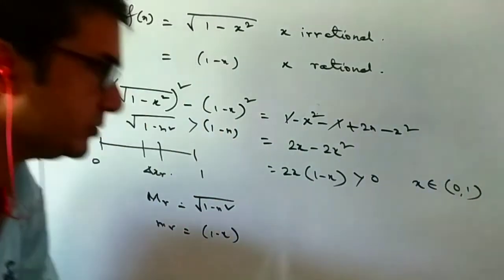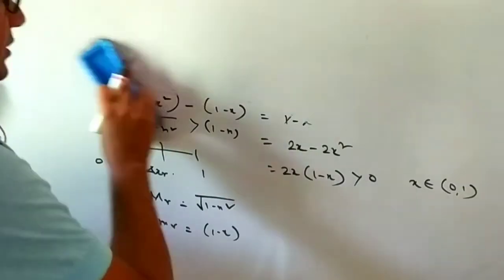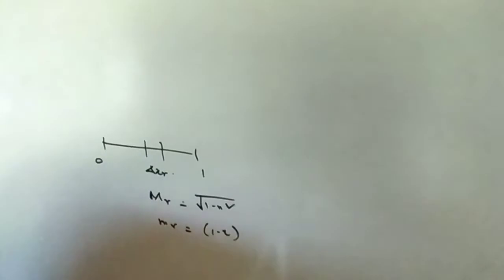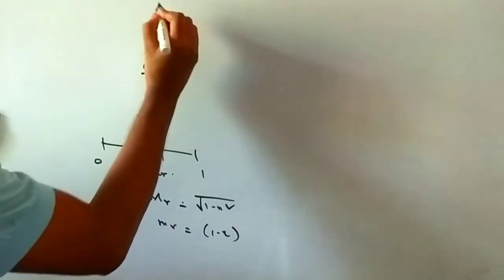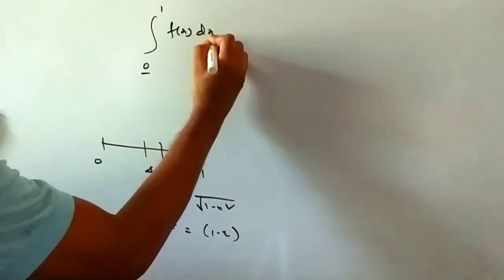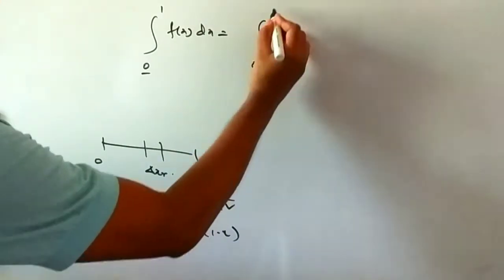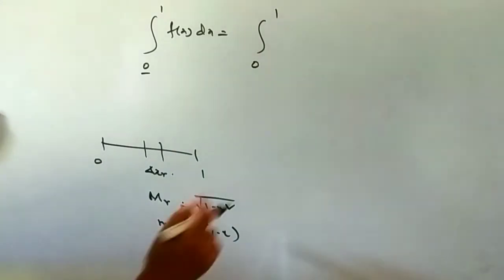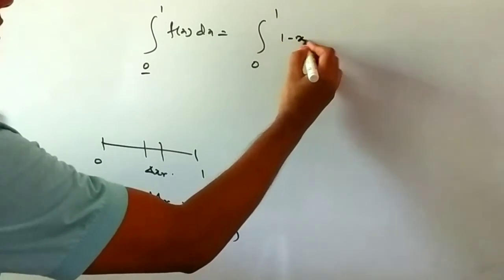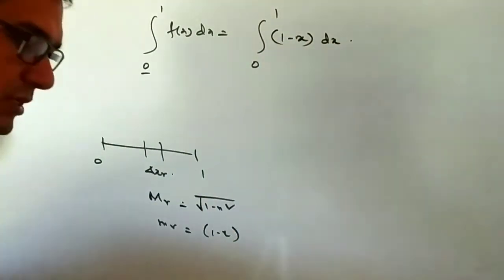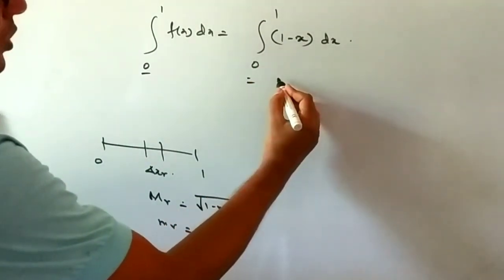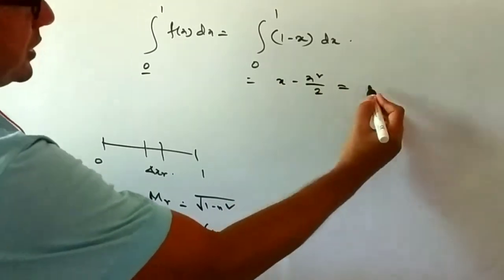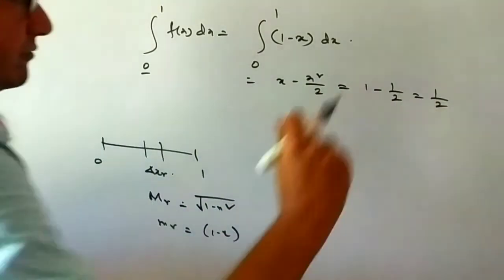Now we calculate the upper integration and lower integration. That is, integration 0 lower bar to 1 f(x) dx equals integration 0 to 1 of (1 minus x) dx, and this is equal to x minus x square by 2, that is 1 minus half, that is half.